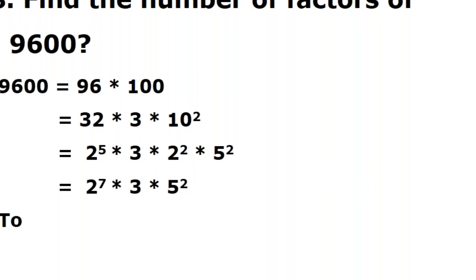So if you observe clearly, 9600 is of the form 2 power 7 into 3 power 1 into 5 power 2. Does it look like a power p into b power q into c power r? Yes. Whenever we know a number of the form a power p into b power q into c power r, all of you know how to find the number of factors? p plus 1 into q plus 1 into r plus 1. Do it fast.